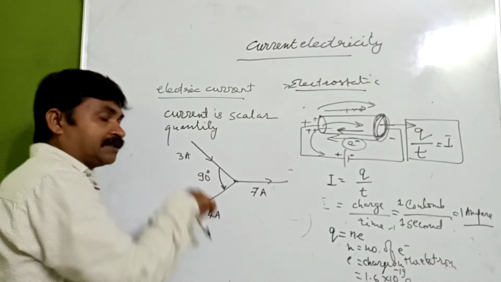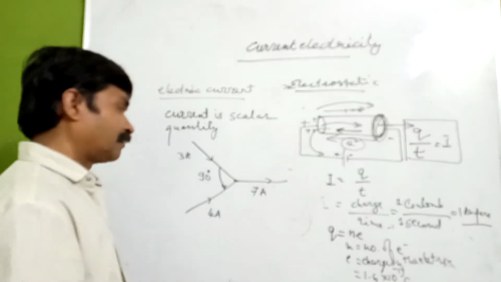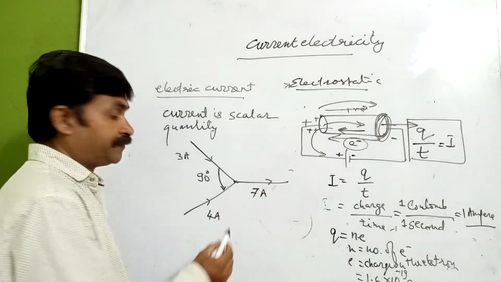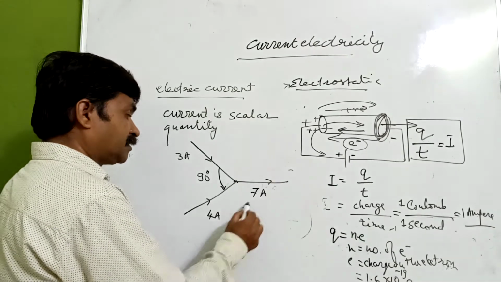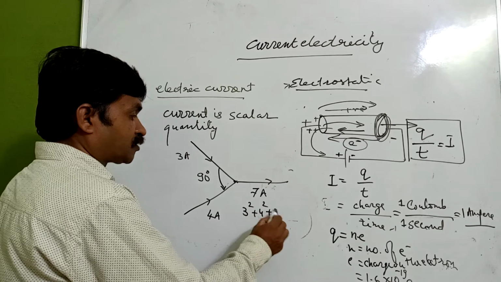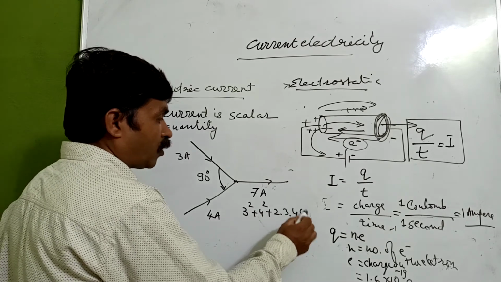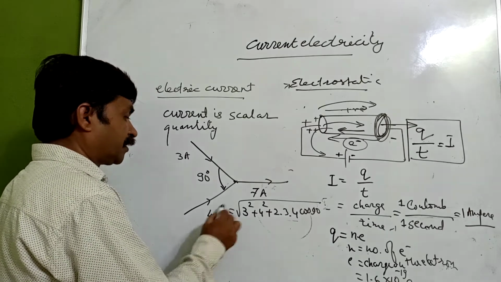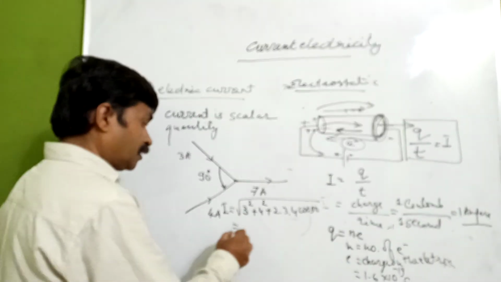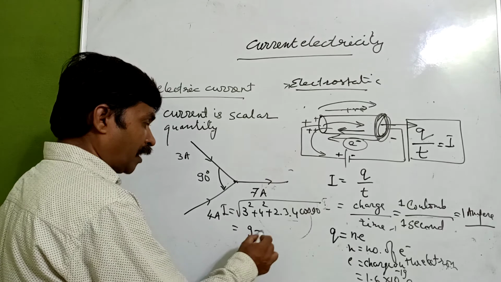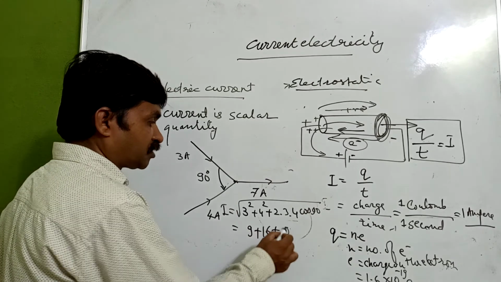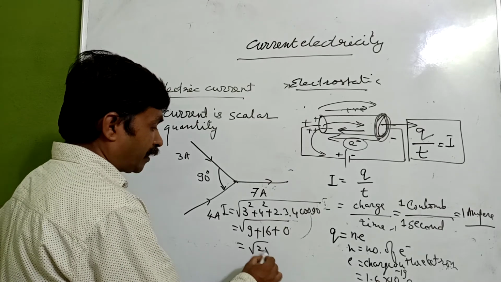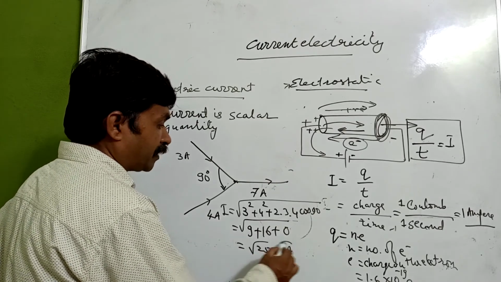If we calculate the resultant using the vector method, the law of parallelogram, we get 3 squared plus 4 squared plus 2 times 3 into 4 into cos 90. This gives the resultant current. That is 9 plus 16 plus 0, since cos 90 is 0. So we get the square root of 25, which is 5 ampere.